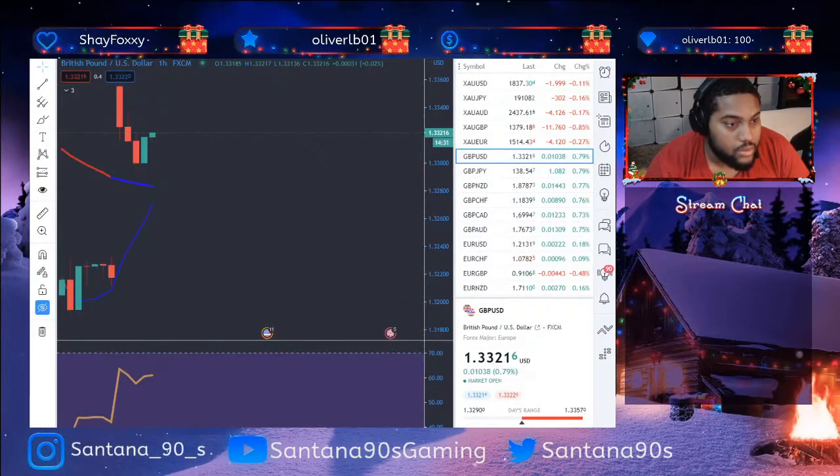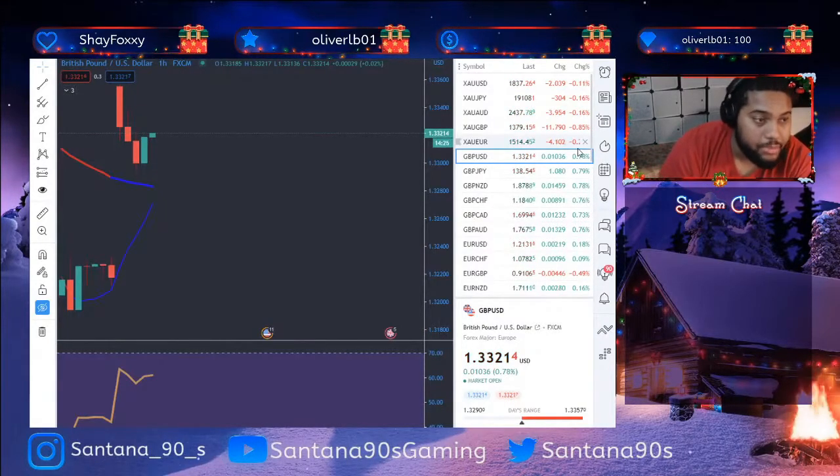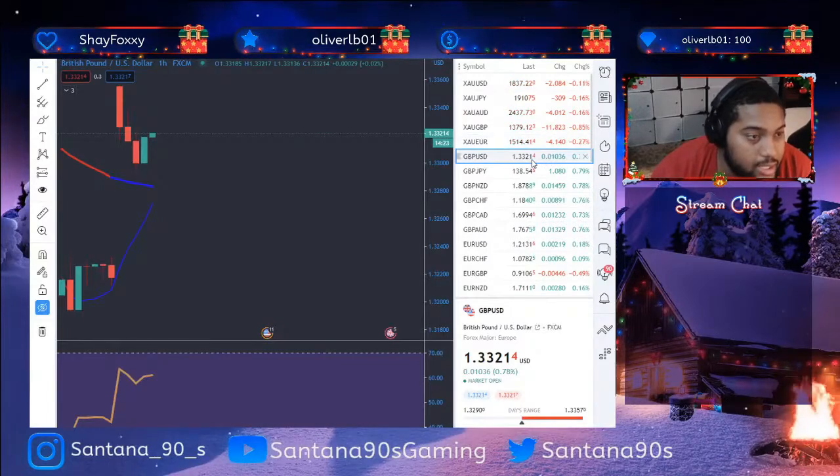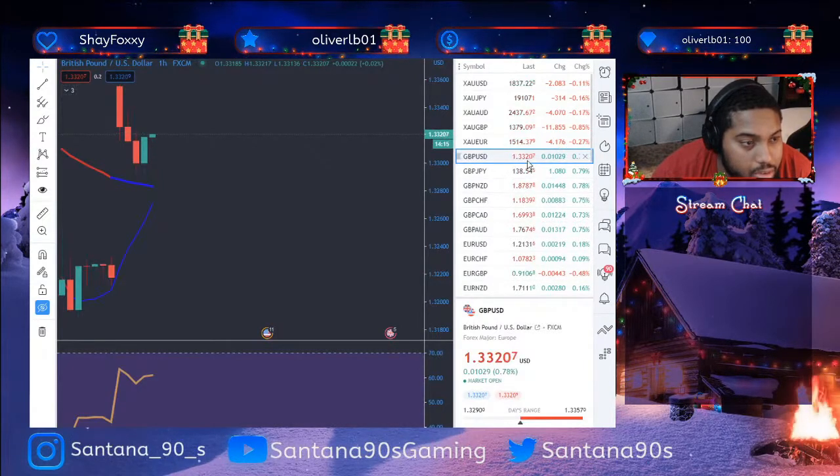Hold up. So we call, right now on this pair, GBP USD, when you see where it says 20, I don't know if you see it. Can you see these numbers where I'm pointing, or should I make it bigger?